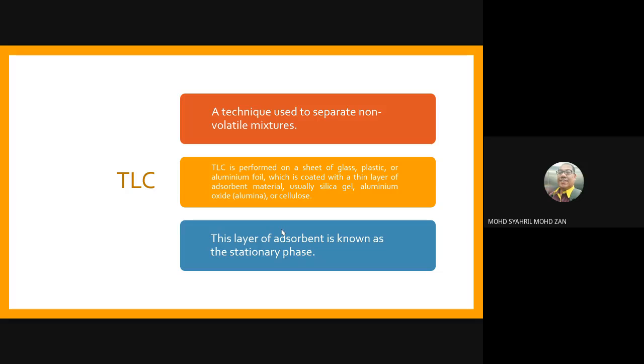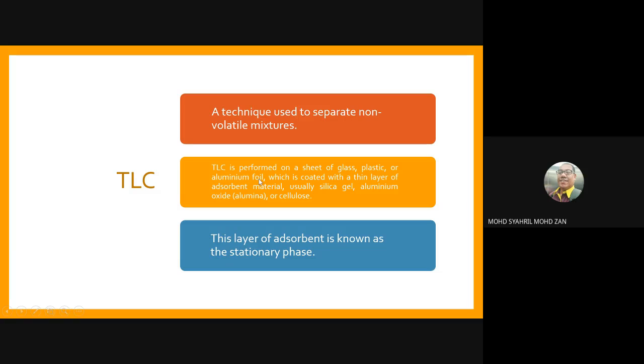So this technique is used to separate non-volatile mixtures. TLC is performed on sheets of glass, plastic or aluminium foil. This plastic, glass or aluminium foil must be coated with a thin layer of absorbent material, something that can stick to our plastic, glass or aluminium foil.